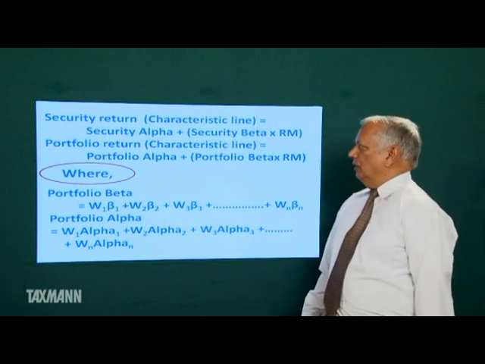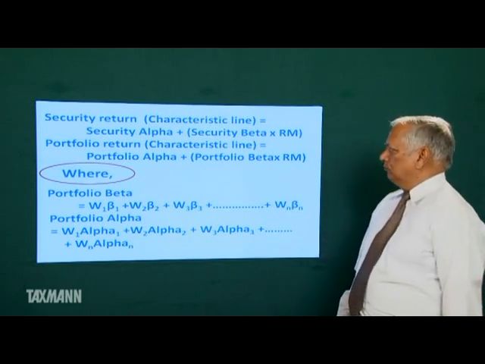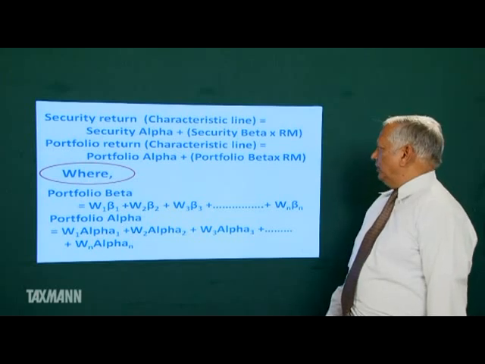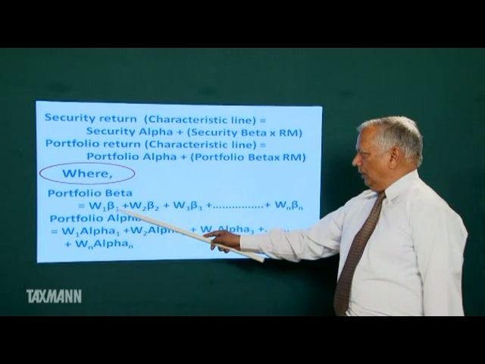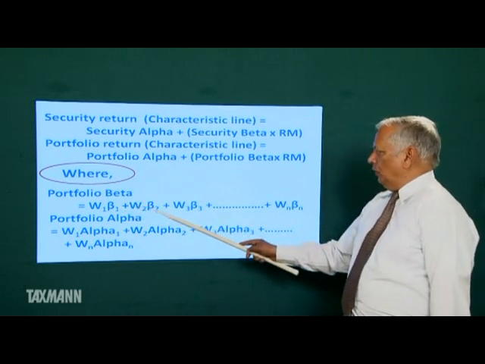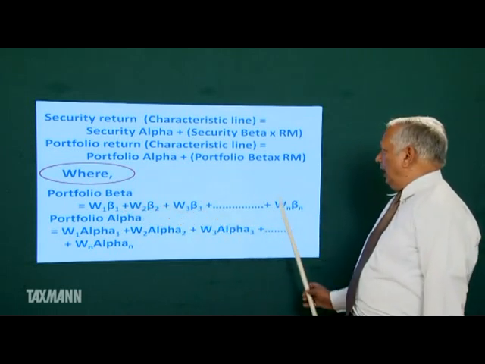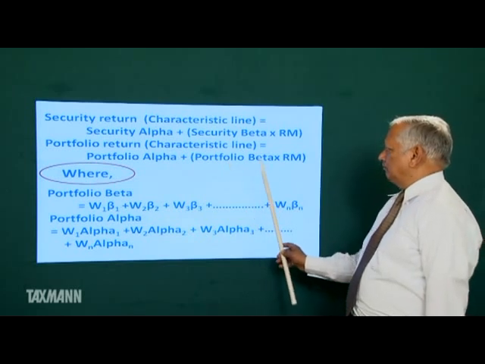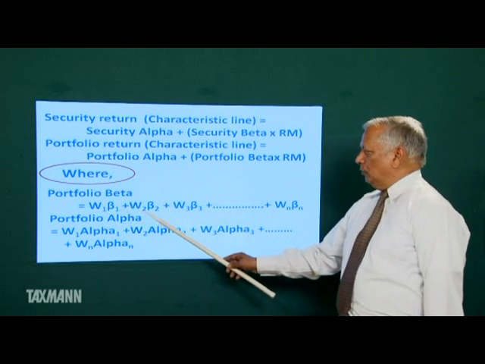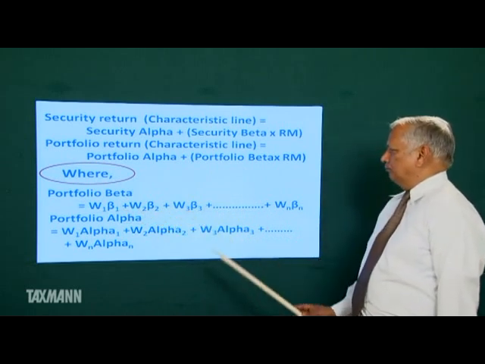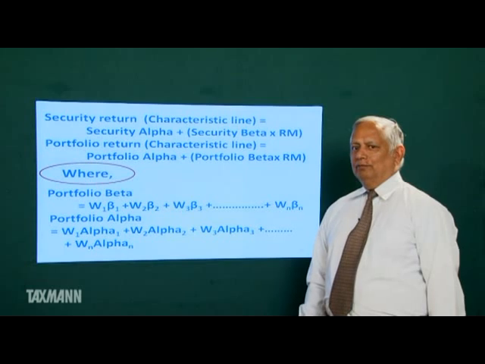What is portfolio beta? Portfolio beta is equal to W1 into beta 1, W2 into beta 2, W3 into beta 3 and so on. What is portfolio alpha?